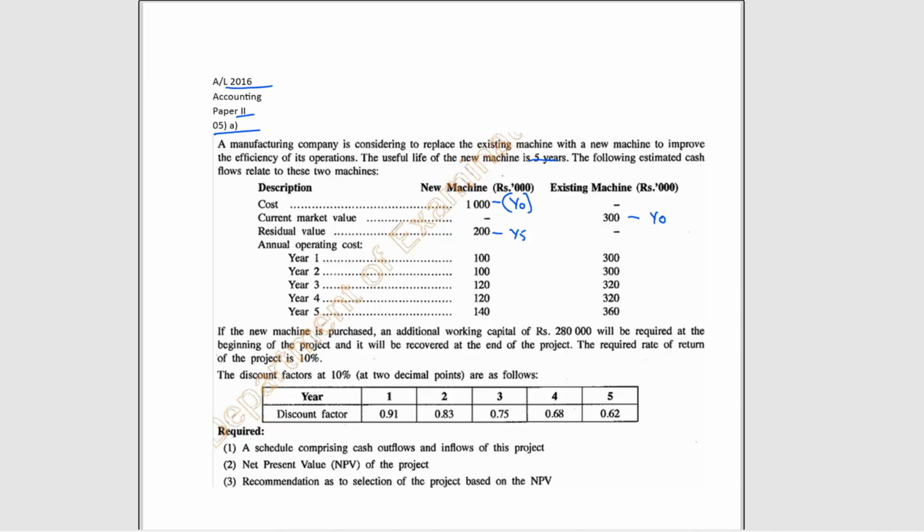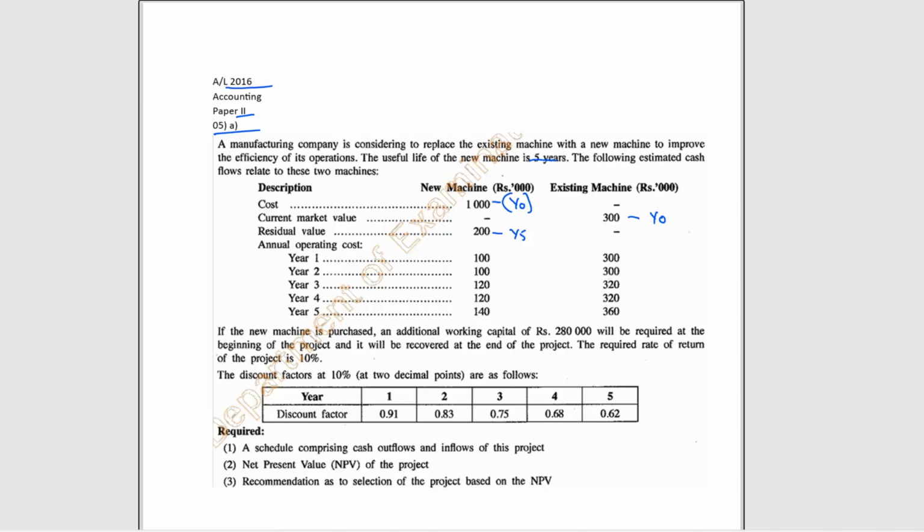Now here you can see, if you are using the old machine, your cost will be 300,000. If you are using the new machine, your cost will be 100,000. Then understand, because of the new machine, because of the investment that you are making, what is the saving that you are getting? This is what I told.